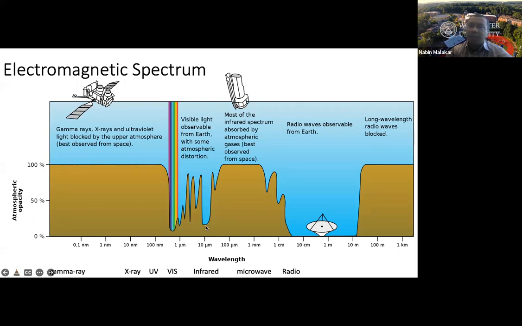So if you know that the character of the atmosphere in this region is taking away certain part of radiation, then you can figure out the math to solve the problem. So it's something like that.